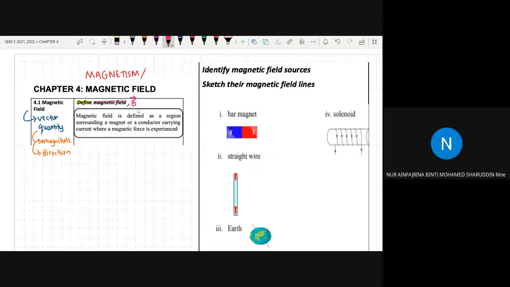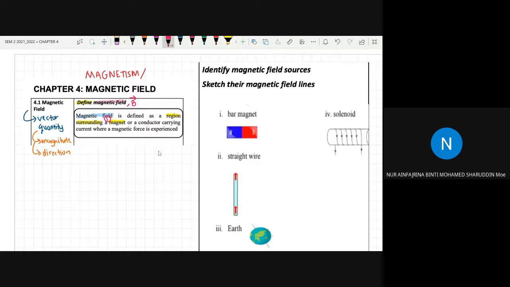Okay, so now let's look at the definition of magnetic field. Magnetic field is defined first as a region surrounding a magnet. Maksudnya magnetic field ni adalah region surrounding a magnet. Maksudnya awak akan ada magnet dan sekeliling magnet awak akan ada magnetic field. Okay, that's the first one, which is mengenai sekeliling magnet.